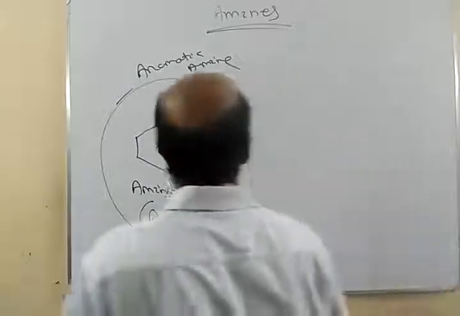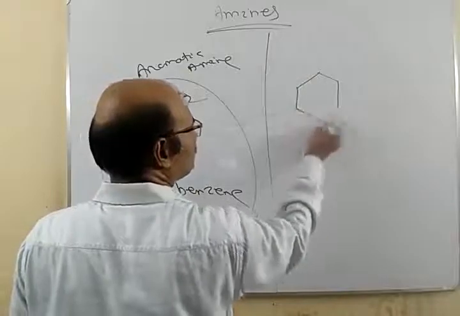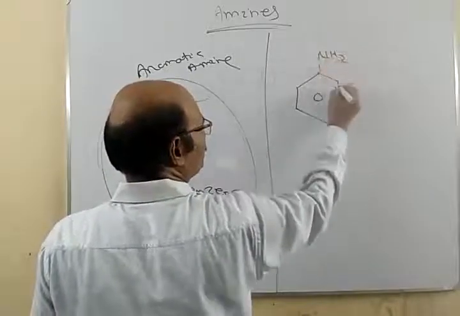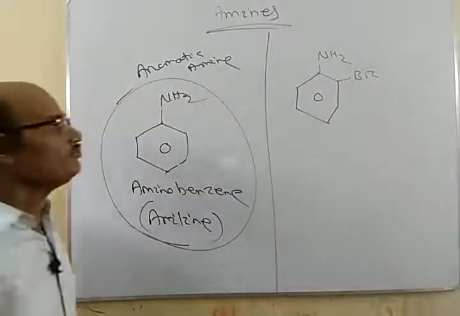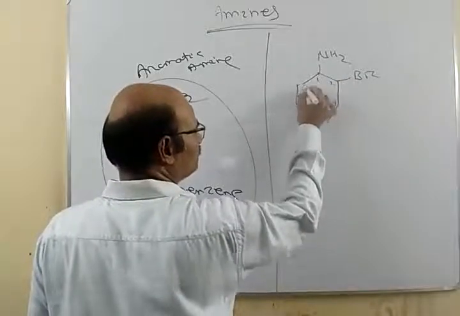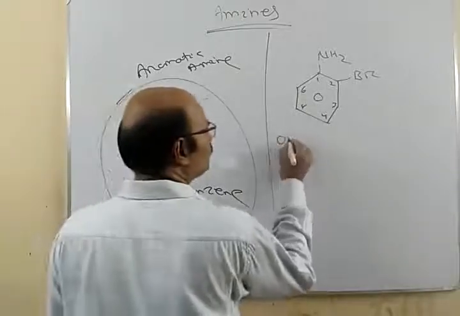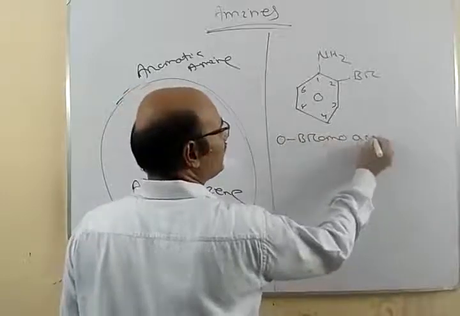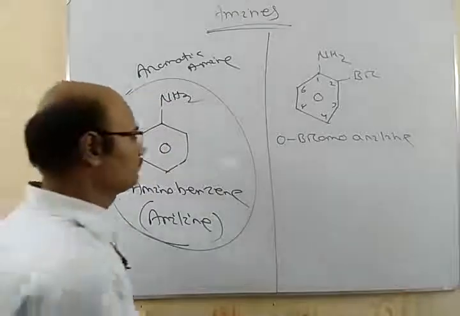So if I write here NH2 and Br, 1, 2, 3, 4, 5, 6, what will I say? 1, 2, ortho bromo aniline.